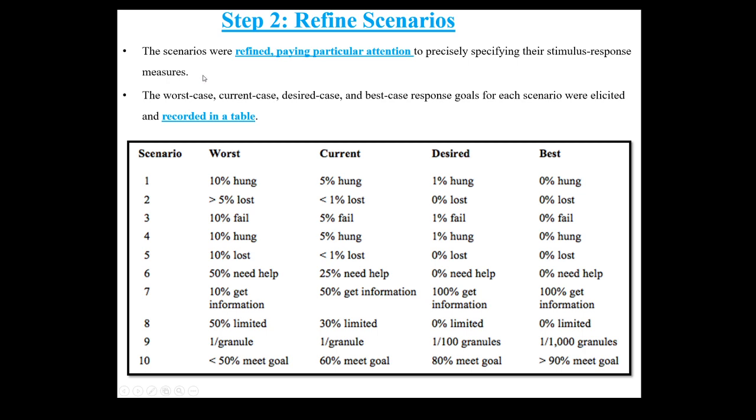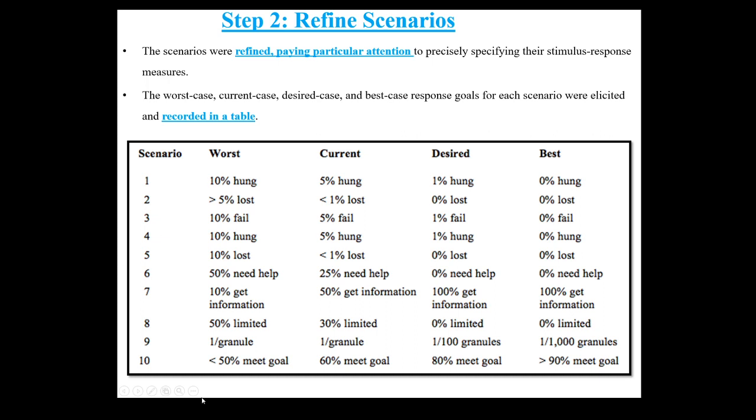According to the collated scenarios, the scenarios are again refined, paying particular attention to precisely specifying their stimulus response measures. Worst case, current case, desired case and best case response goals for each scenario were elicited in a recordable format.